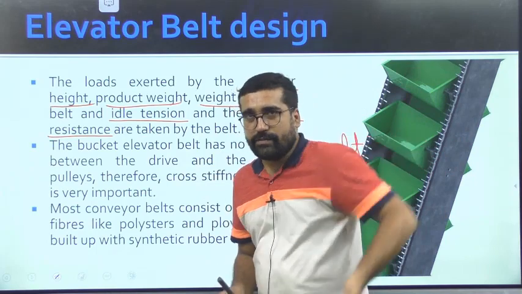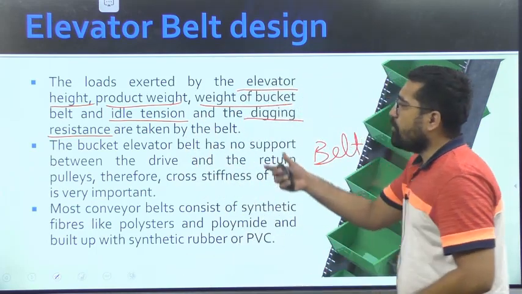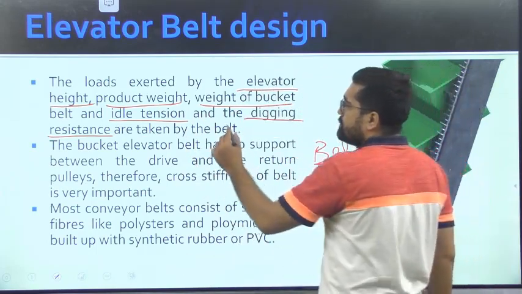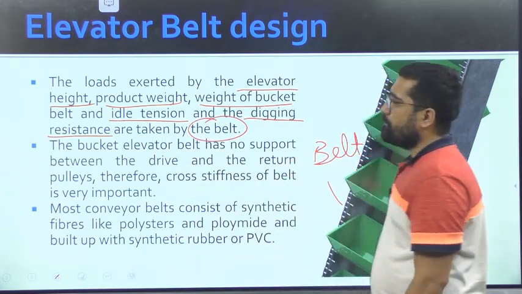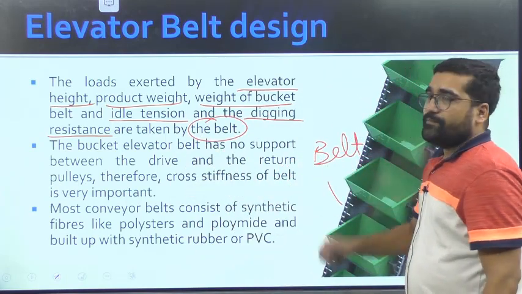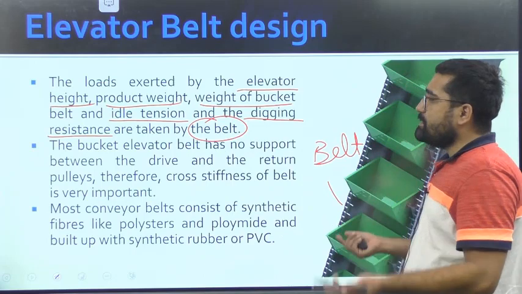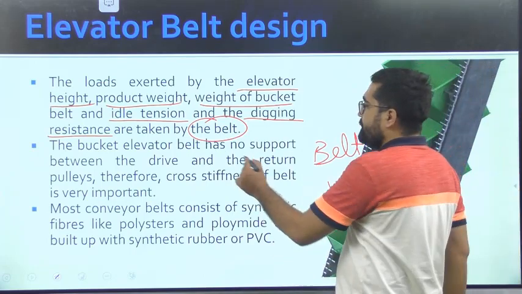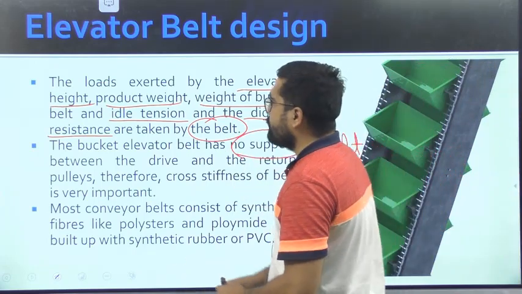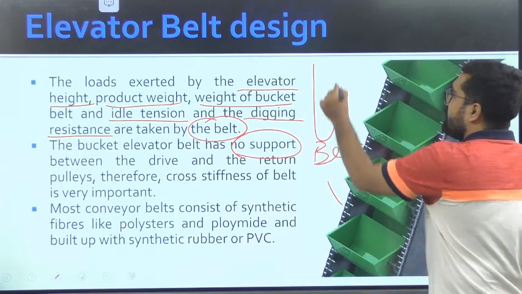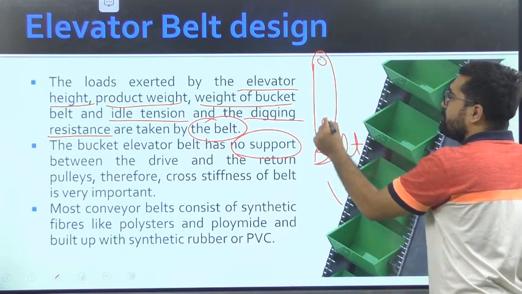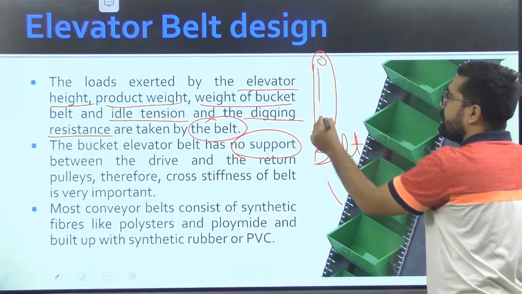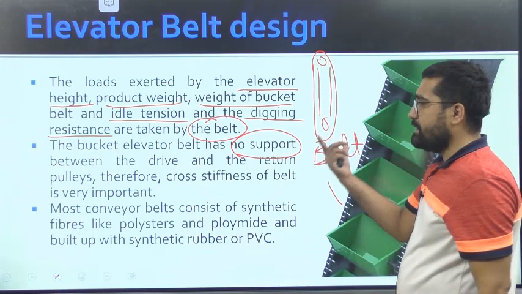So all these loads will be taken by the belt. And one more thing: the belt doesn't have any supports in between. From top to bottom of the bucket elevator, there will be no support to the belt in between, okay.